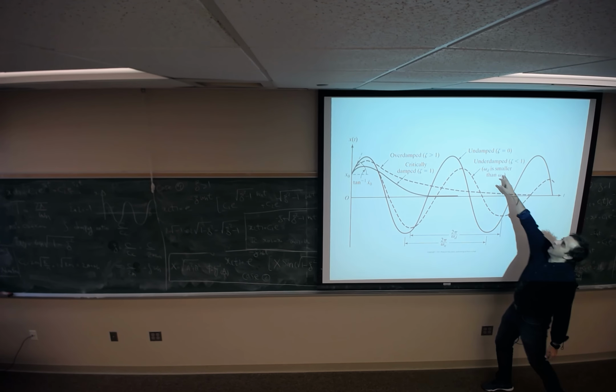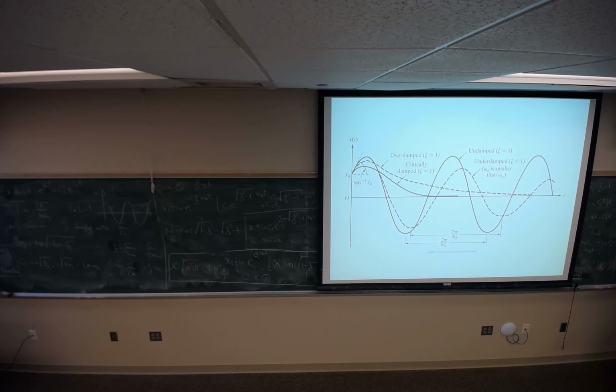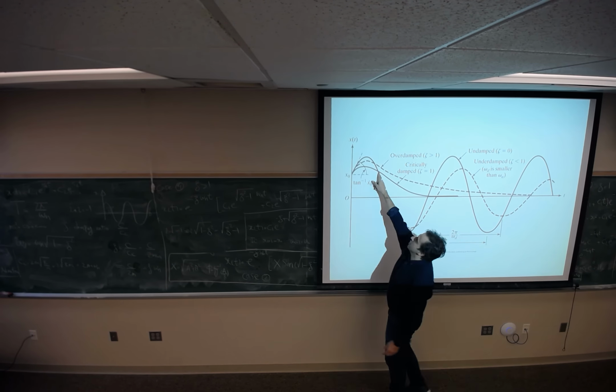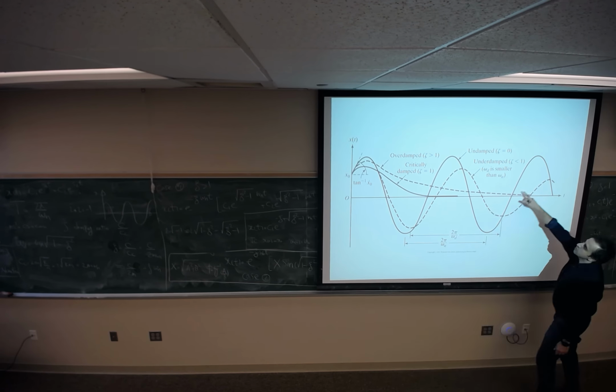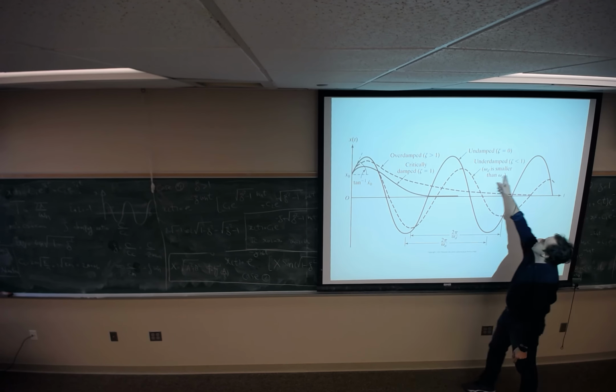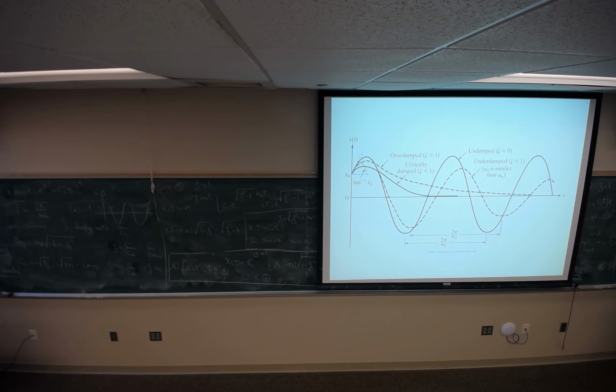For underdamped, which is case 2, zeta is between 0 and 1, we have a dashed line. It's going to look like this. As you see, the peak or the motion is decreasing and it's going to die over time.